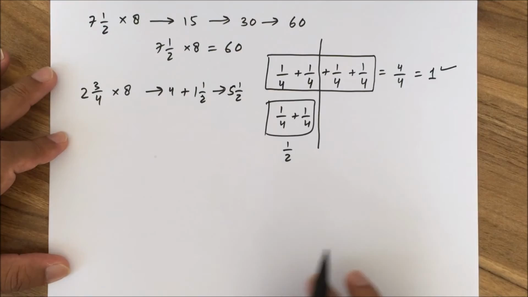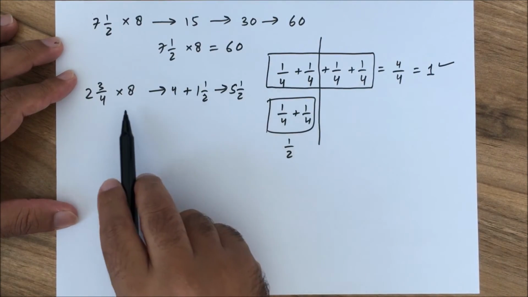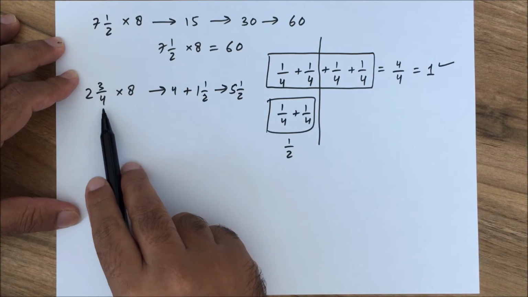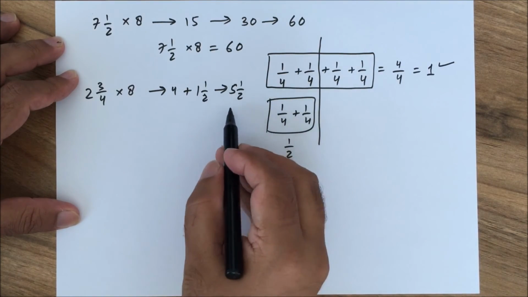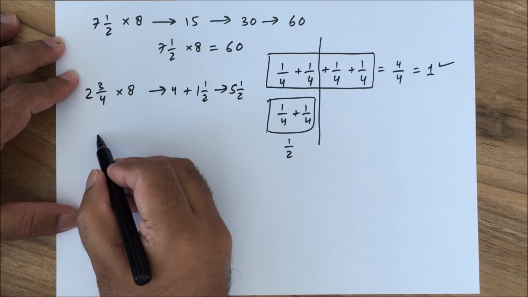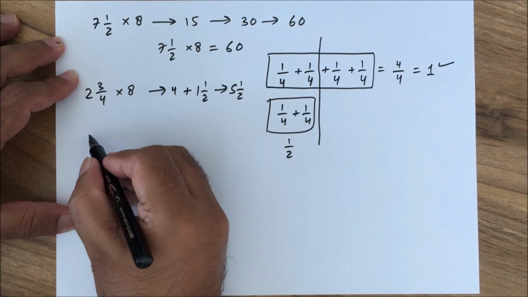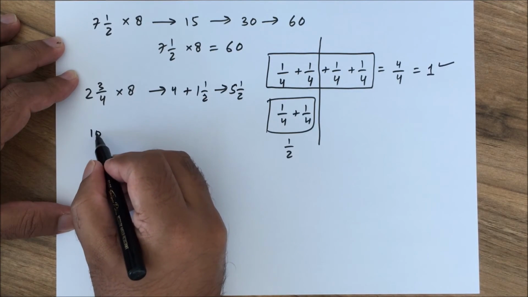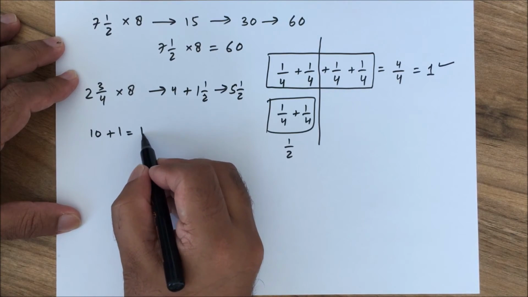Now this 5.5 we have doubled once, and then we double 5.5 to make it double of 5 is 10 and double of half is 1, so it will become 11.